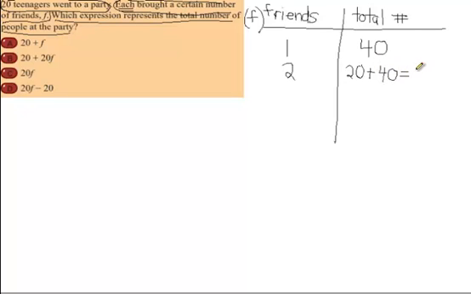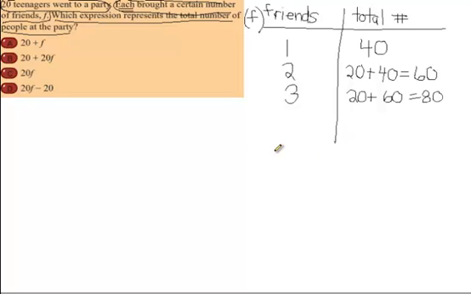That's 60. That's a lot of people going to the party. Now let's do one more. They each bring 3 friends. So that's the 20 teenagers, then they each bring 3 friends. That's another 60 people. That's 80. And that's a party that's off the chain.